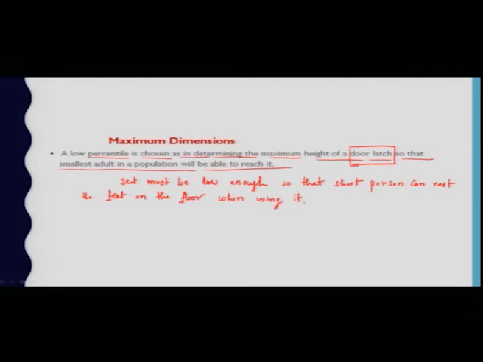Thus, the seat height must be no higher than the first or fifth percentile popliteal height in the population.